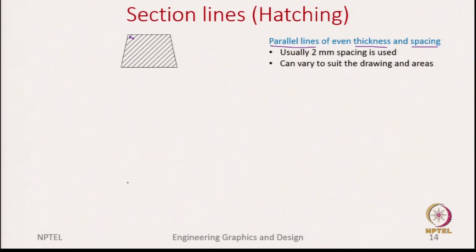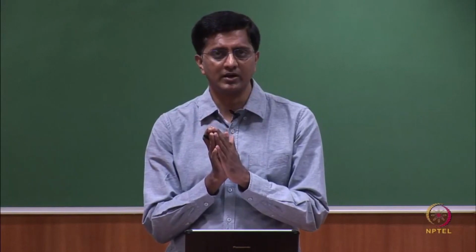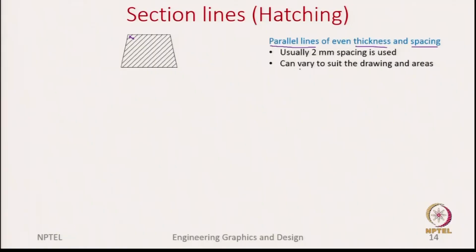Okay. And now the question is, how much space should I leave between these parallel lines? Usually people use 2 millimeters, but it is not a hard and fast rule. It depends on the kind of drawing you are drawing. Are you drawing it on a small sheet of paper or a big sheet of paper? It also depends on the object.